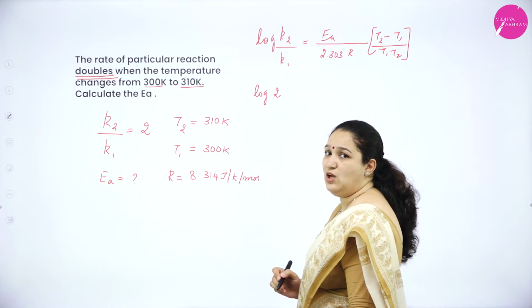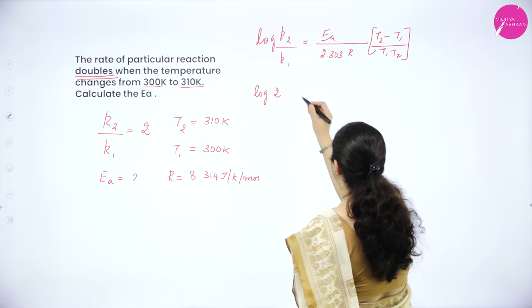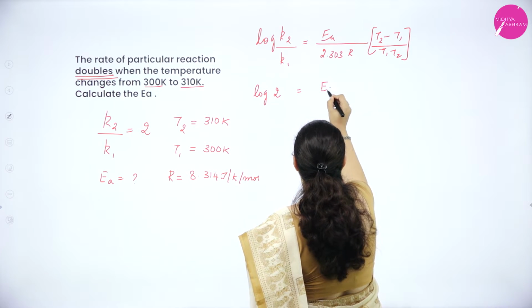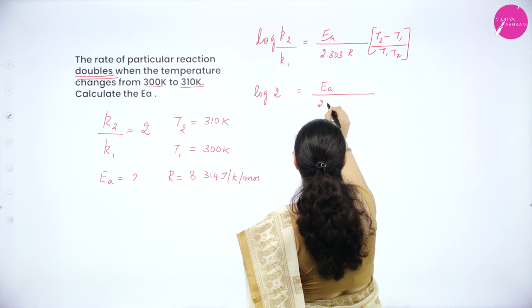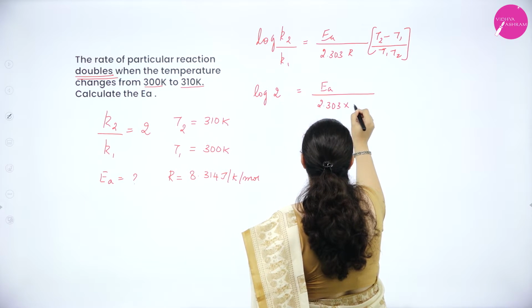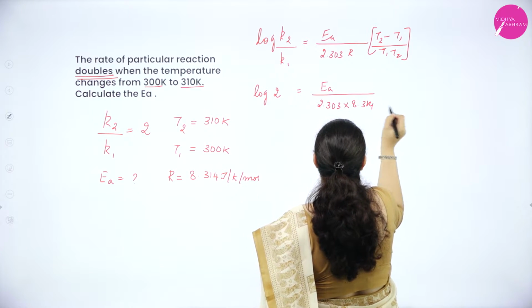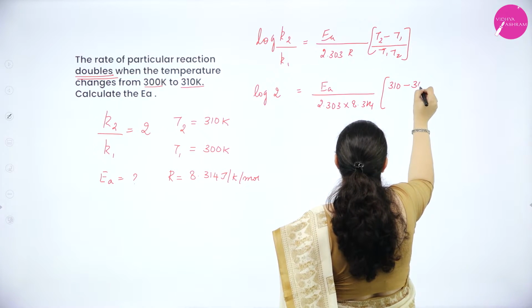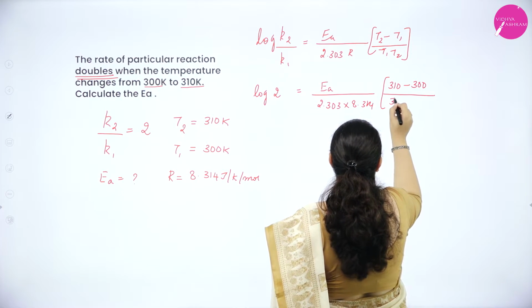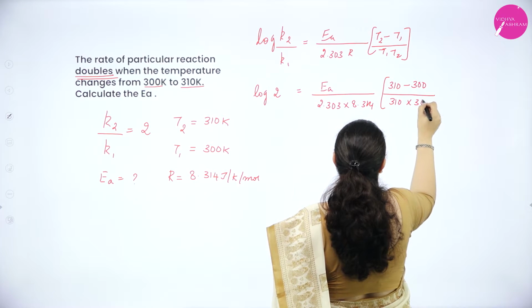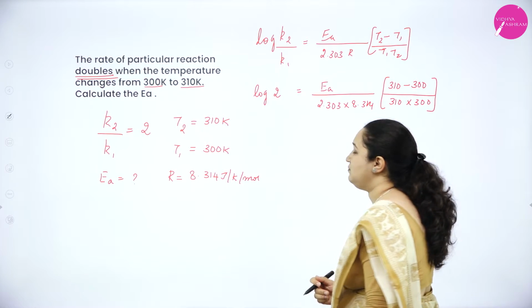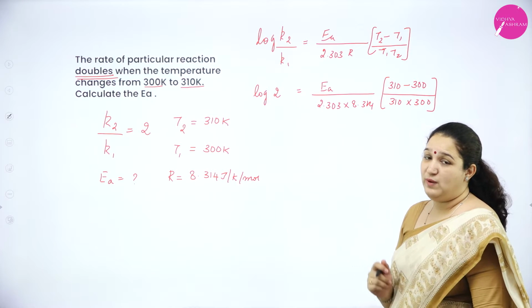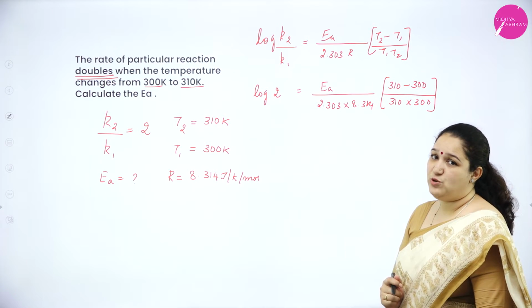EA we are supposed to calculate, 2.303 into 8.314, T2 is 310 minus 300 divided by 310 into 300. So this is how we have done the substitution.